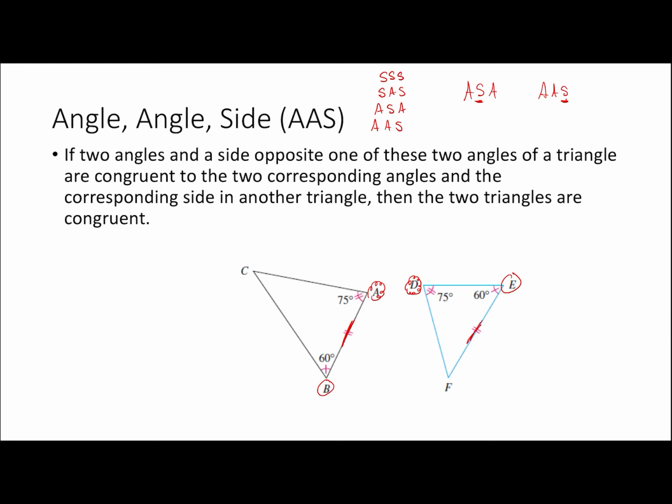Now, look at this diagram. You'll notice here that angle B and angle E are congruent, and angle A and angle D are congruent. But then you have side AB that is congruent to side EF. In this first triangle, this side length is between the two angles.